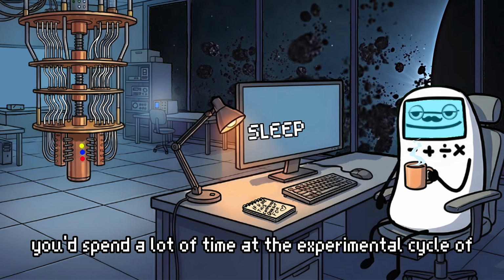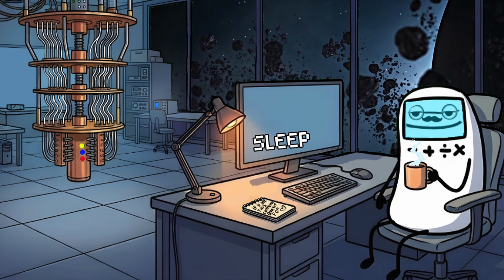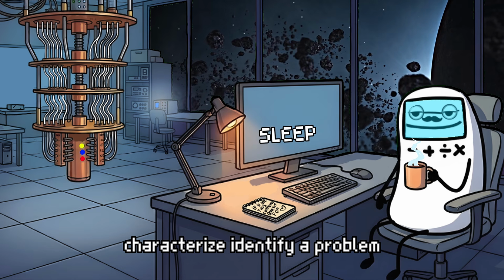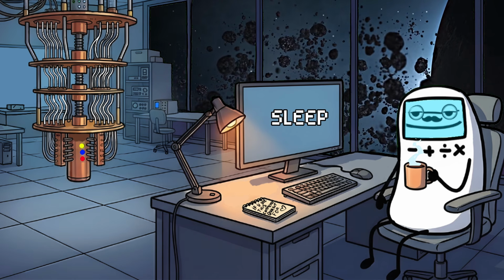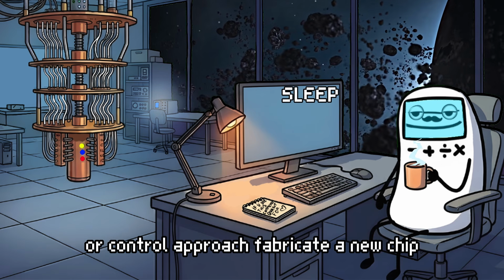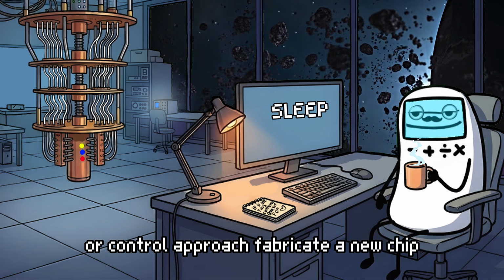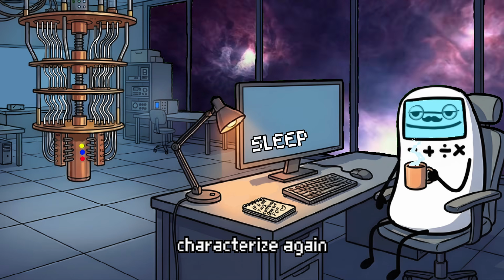You'd spend a lot of time in the experimental cycle of characterize, identify a problem, understand its cause, modify the chip design or fabrication or control approach, fabricate a new chip, characterize again.